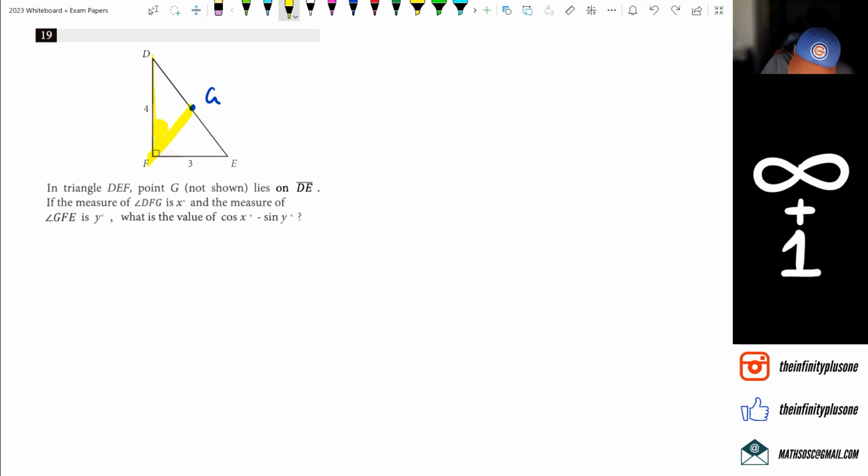And then you've got GFE, which happens to be this angle here. So you've got the yellow angle and the green angle. Now the yellow angle says that it's x, and then the green angle here is the y part of it. So the yellow DFG is x and GFE is y. Now what is the value of cos x minus sine y? Whatever.